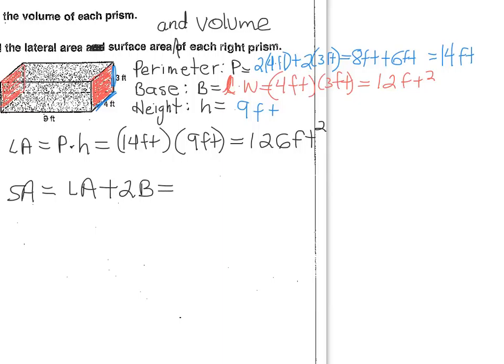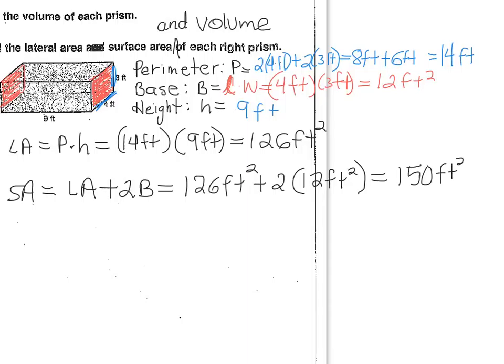Substituting the numbers, the lateral area is 126 square feet, plus twice the area of the base, and the base is 12 square feet. Put that in the calculator: 24 plus 126 gives you 150 square feet. So that's the surface area.